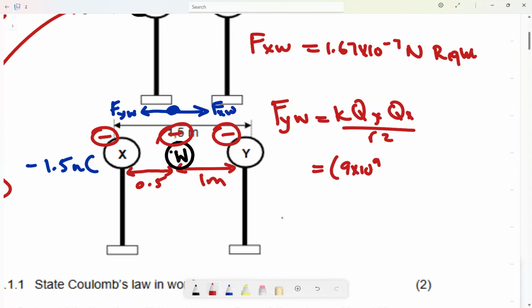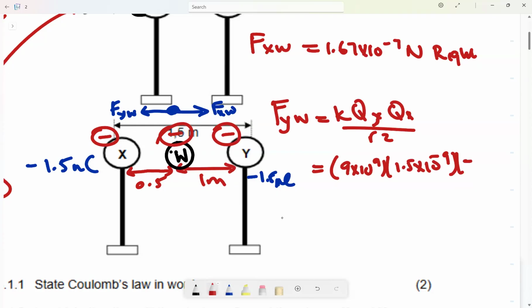9 times 10 to the power of 9, QX, no, sorry, QY. QX is still the same. Remember, the charges are the same for this one and this one after contact. Remember, this is also negative 1.5 nanocoulomb, so it is 1.5 times 10 to the power of negative 9.